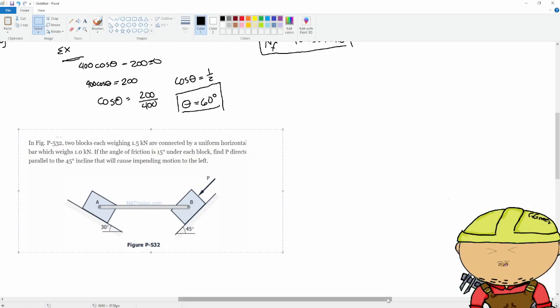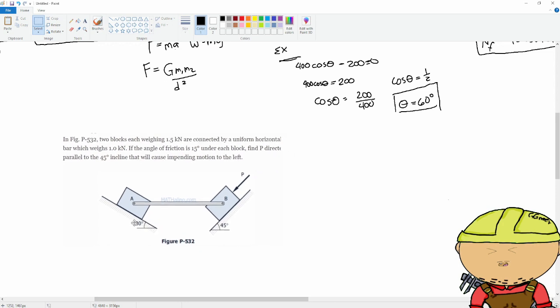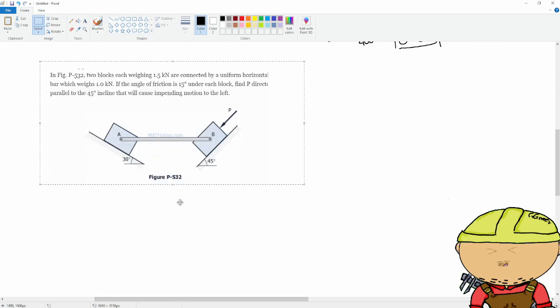Doing a lot of FBD here. We're going to learn about free body diagram. How about we take it slow? So, two blocks each weighing 1.5 kilonewton. Let's put one weight downward, 1.5 kilonewton, by a uniform horizontal bar that weighs 1 kilonewton.